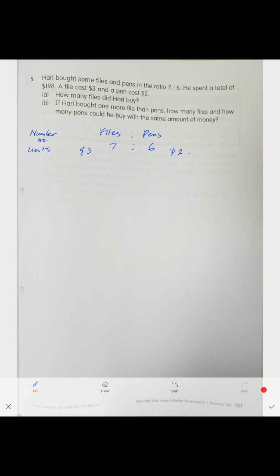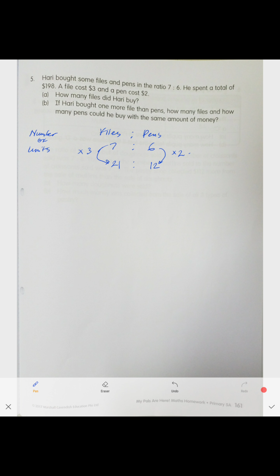So we can find our equivalent ratio: 7 times 3 is 21, and 6 times 2 is 12.